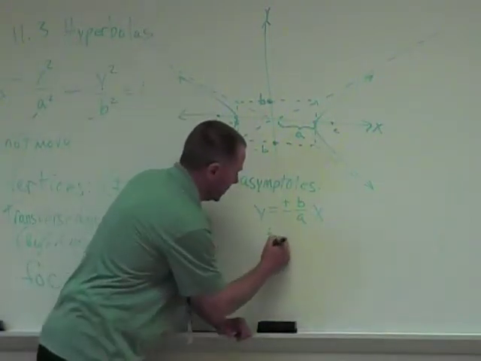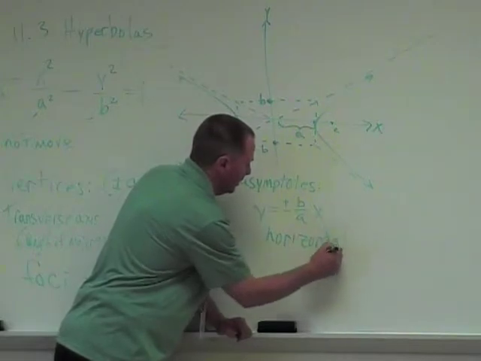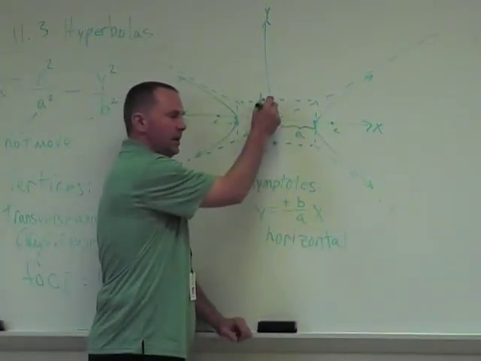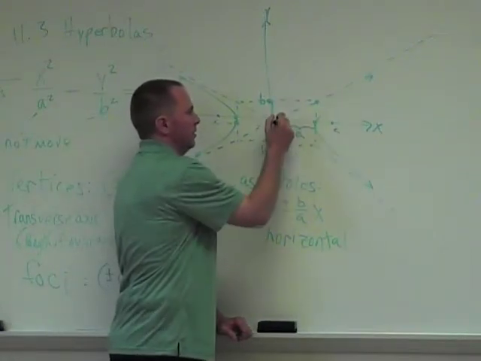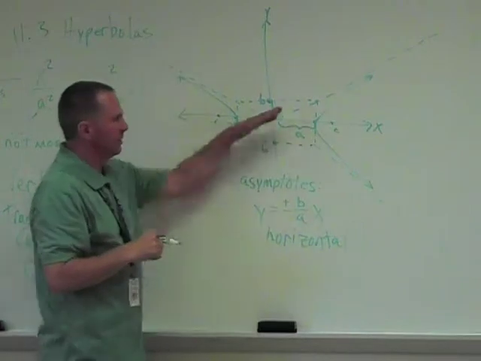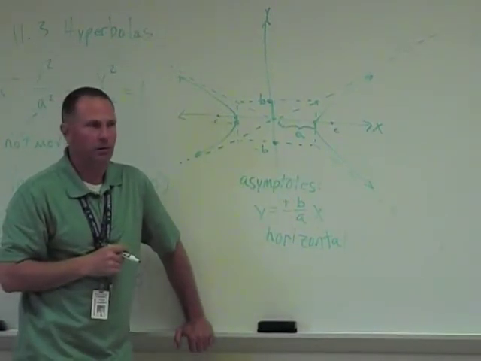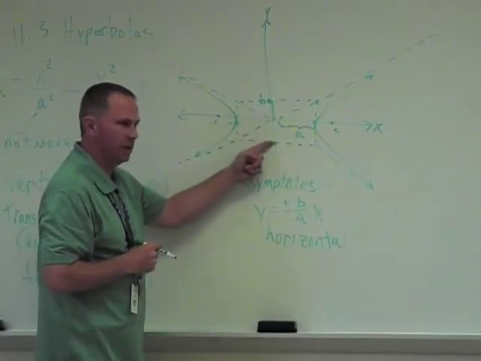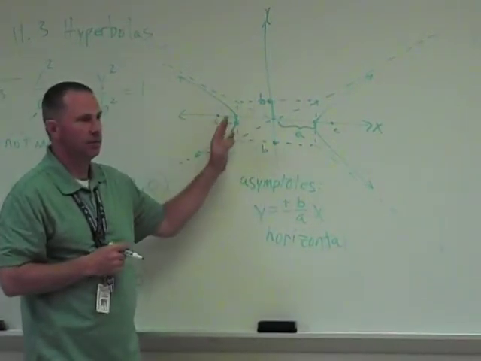So this is a horizontal hyperbola, so it's b over a. We rise b and we run a. So that's how we get that line. And then for the negative b, you rise a negative b, you go down b, and then still to the right. And that's how you get this one. So that's a horizontal hyperbola.